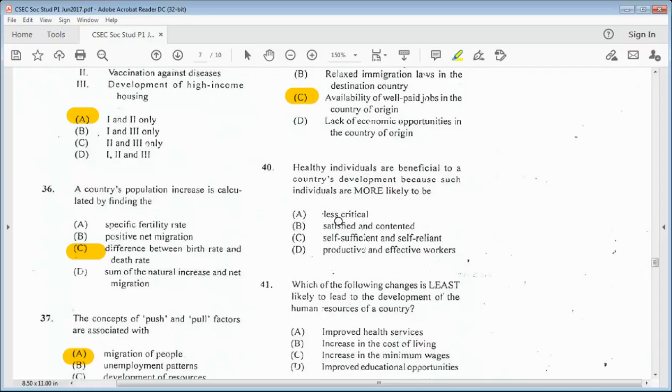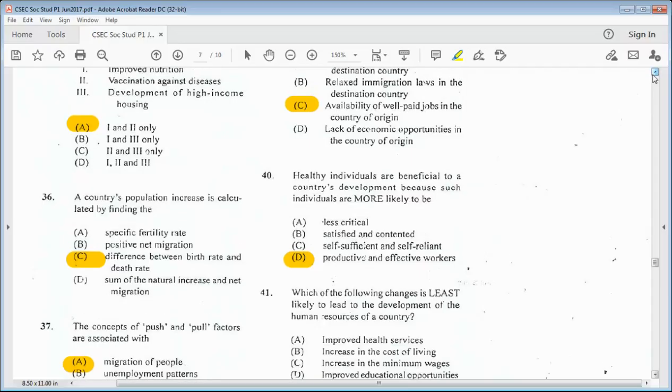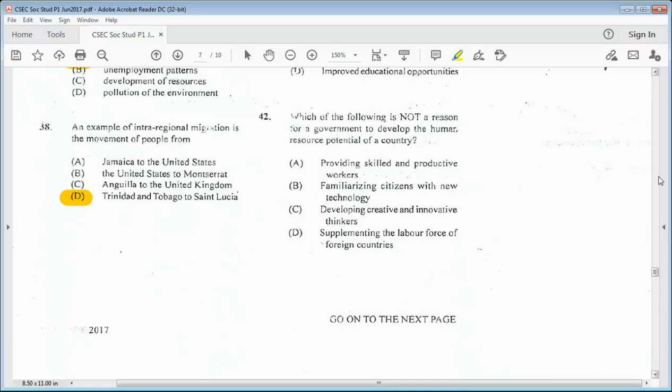So A, less critical would be out. B, satisfied and contented would be out. C, self-sufficient and self-reliant. D, productive and effective workers. Because they are productive and effective workers, the country would certainly be developed and benefited from it. Let's move on to 41.